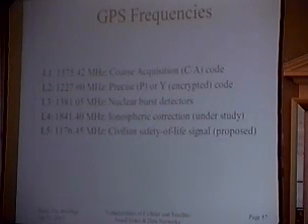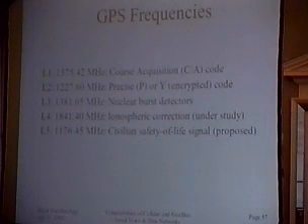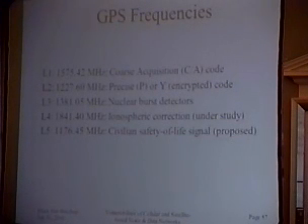Here's a list of GPS frequencies. The main one that all of the commercial units use is the first one, which is called L1. It's in the L band. It provides what's called coarse acquisition, and it gives you the commercial level accuracy, the 30-meter accuracy. If you are an approved user, it doesn't necessarily have to be military, you could be a Department of the Interior, and you could get the equivalent of a GPS, but a military version.